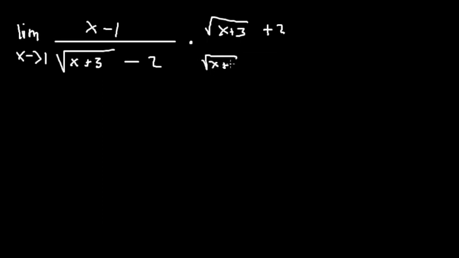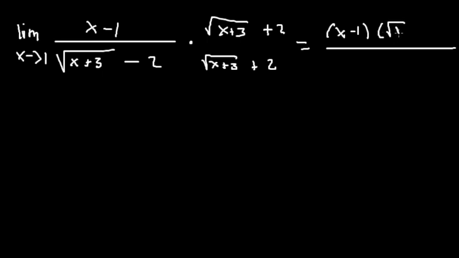x plus 3 plus 2. Now, let us solve x minus 1 times square root of x plus 3 minus 2, times square root of x plus 3 plus 2, over the square root of x plus 3 plus 2.